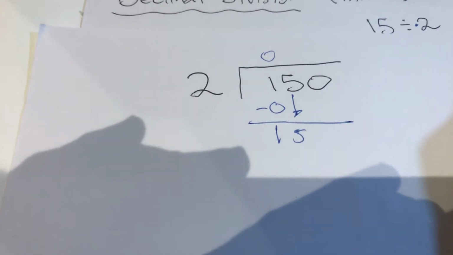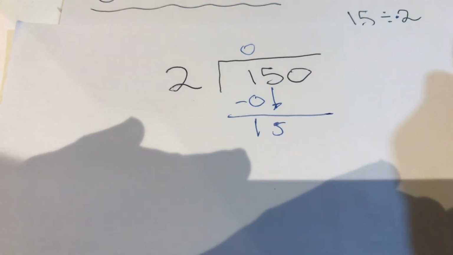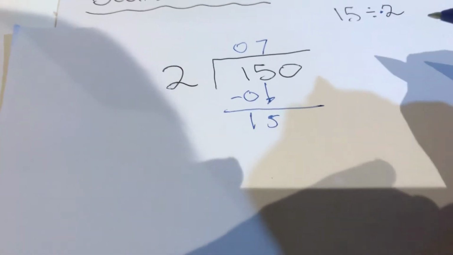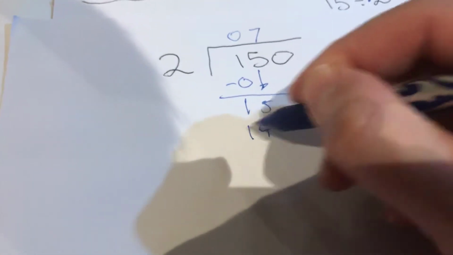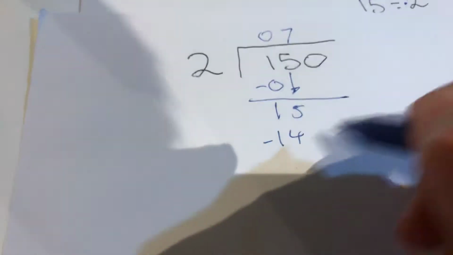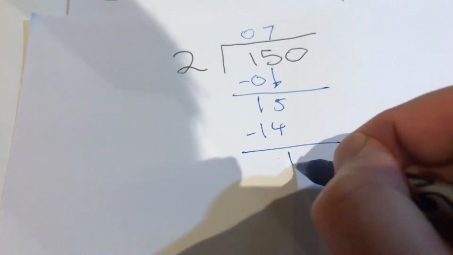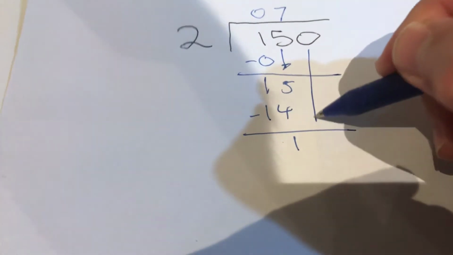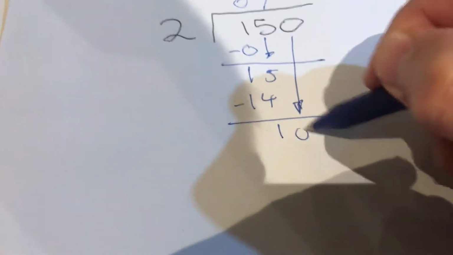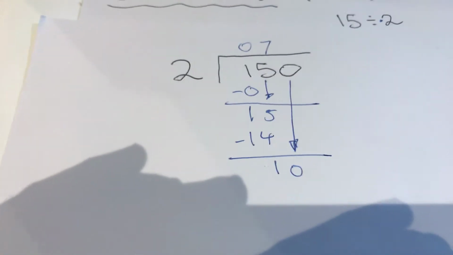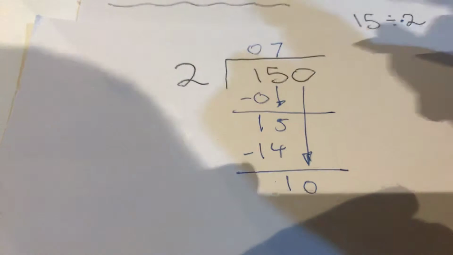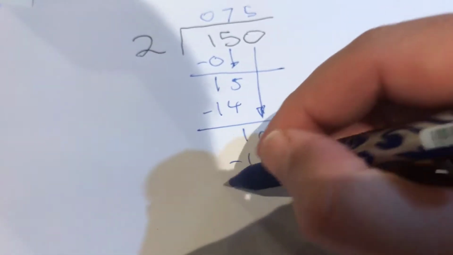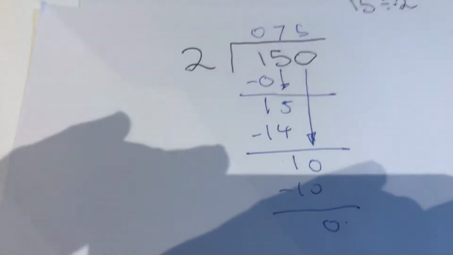So how many 2's go into 15? 7, I hear you think. 7 times 2 is 14. So 15 subtract 14 will give me 1. Bring down my 0. So how many 2's go into 10? 5. 5 2's are 10. 10 take 10 is 0, it means we're finished.